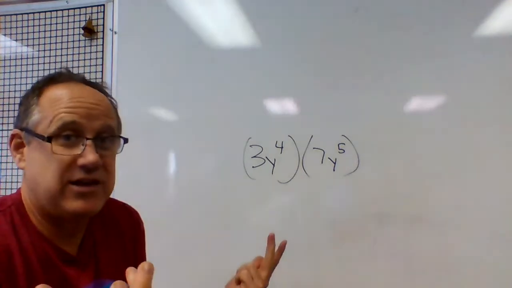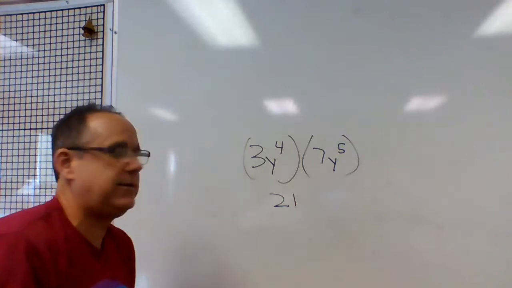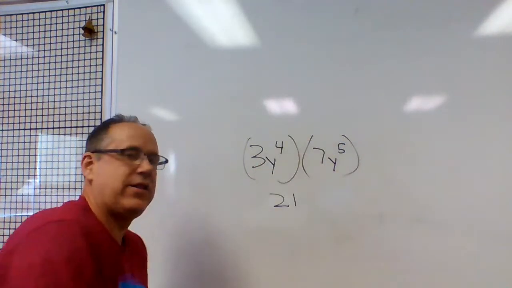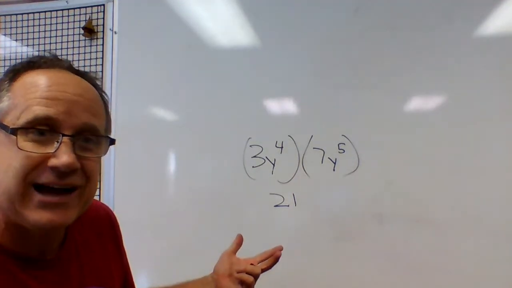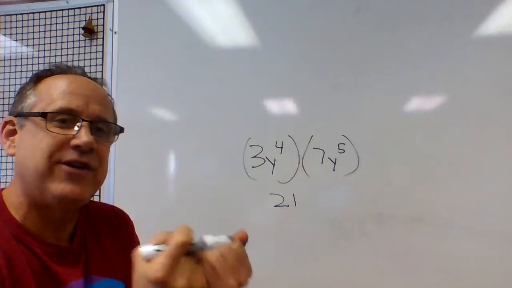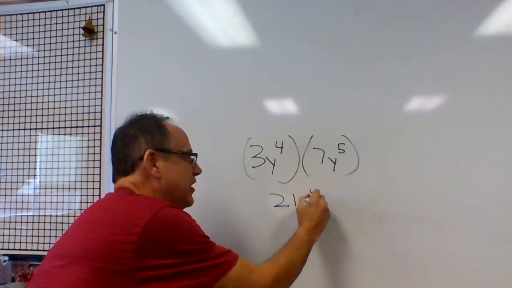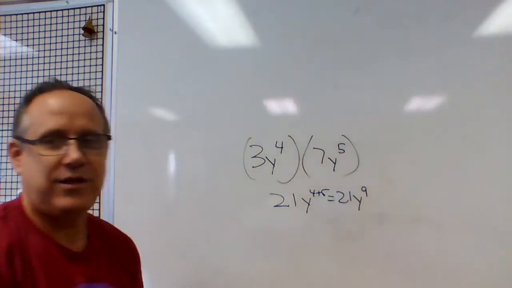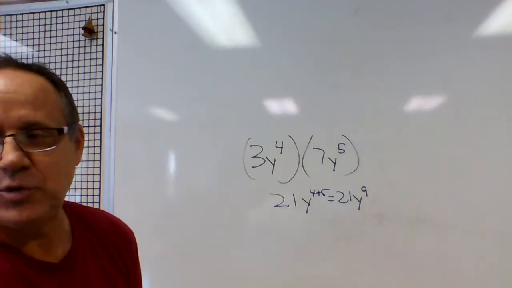So we're multiplying the numbers together is all we're doing. 7 times 3, 21. Now, this is saying y to the 4th times y to the 5th. We have 9 total y's. We add the variables together. Would be basically y to the 4 plus 5, which equals 21y to the 9th. So that would be guided practice 2a.